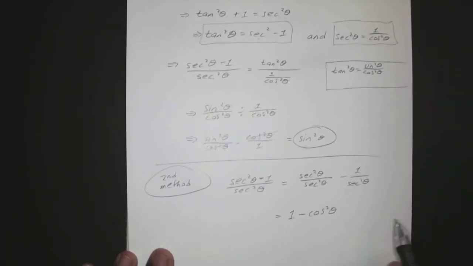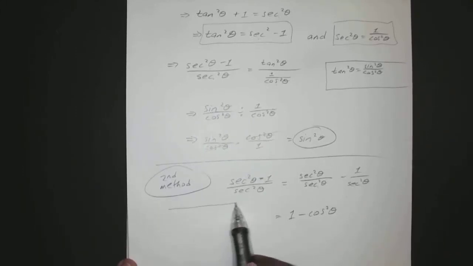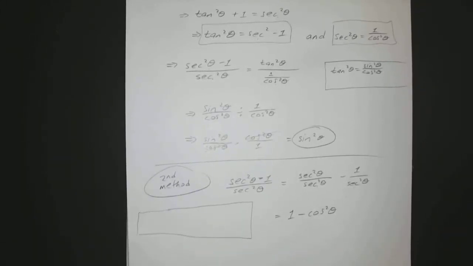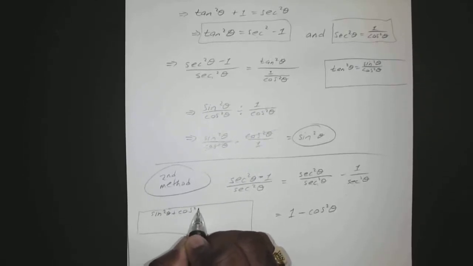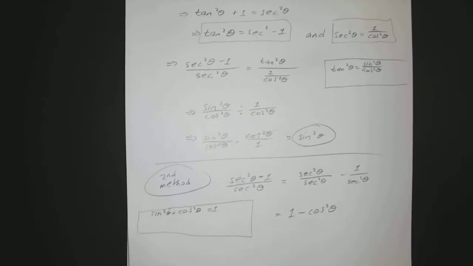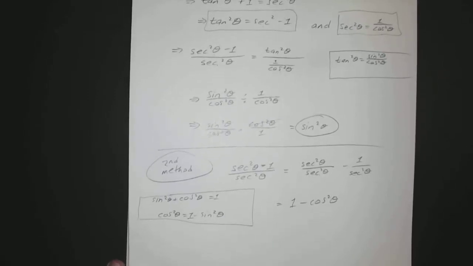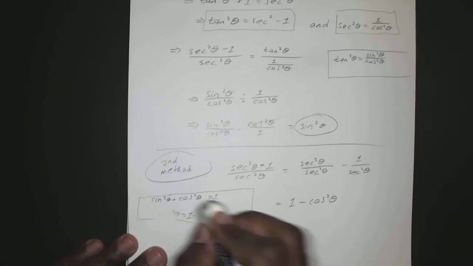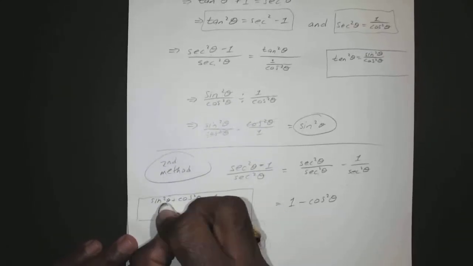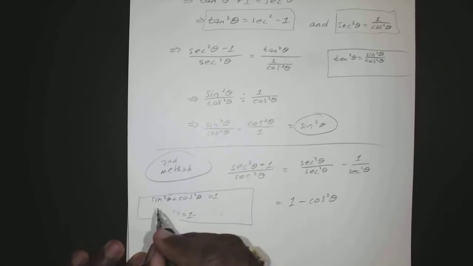If you remember, sine squared plus cosine squared equals 1. So that means sine squared equals 1 minus cosine squared. Sorry, I should have switched those over.